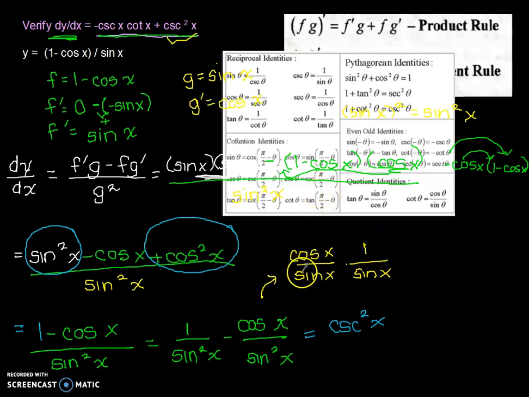If you look again at the identities, under your quotient identities, cosine over sine is cotangent. So I'm going to drop down this minus sign that I haven't used, and change this cosine over sine to cotangent, multiplied by 1 over sine, which, under the reciprocal identities, is cosecant.